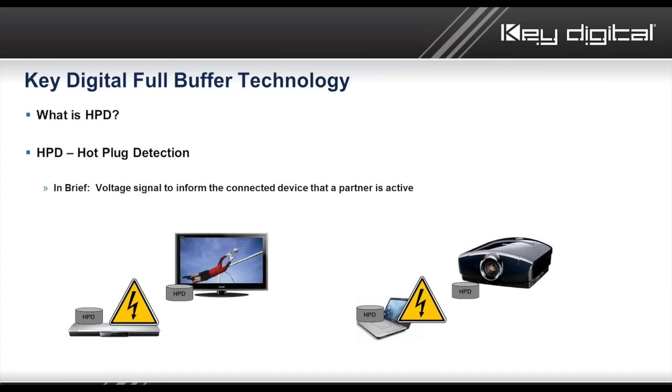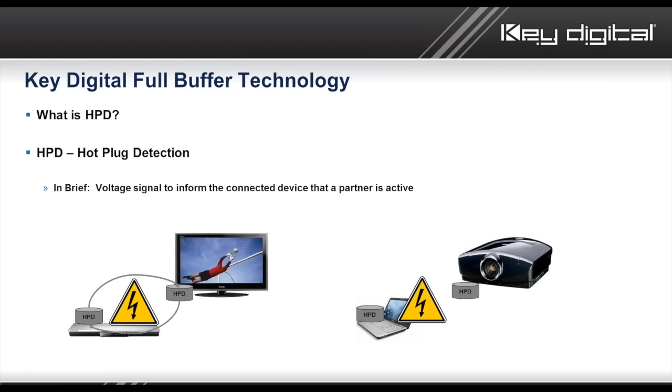Why? Because it is more intelligent than that. This is digital, not analog, and it knows if it has a partner or not, because they will exchange this voltage, hot plug detection, well before the EDID information is exchanged, well before the HDCP information is exchanged. We say, hey, there's a live partner here.